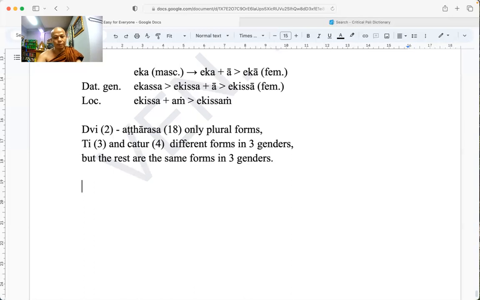Firstly, number 2, dui. This dui is plural, and there is no singular form.